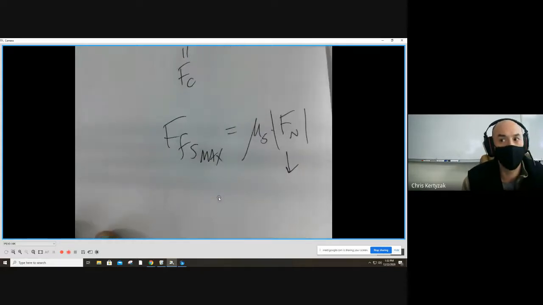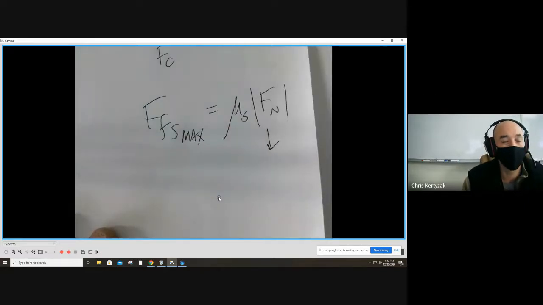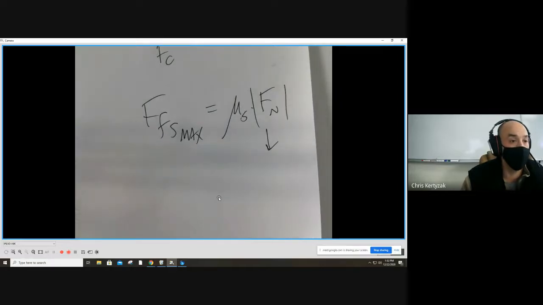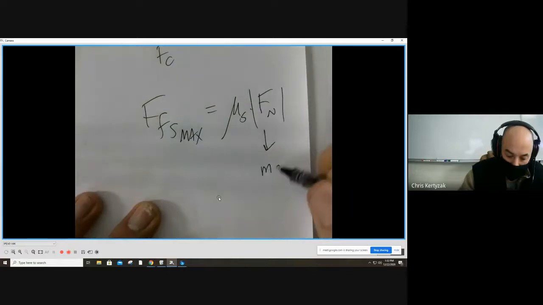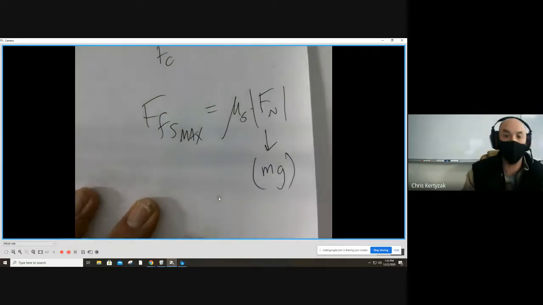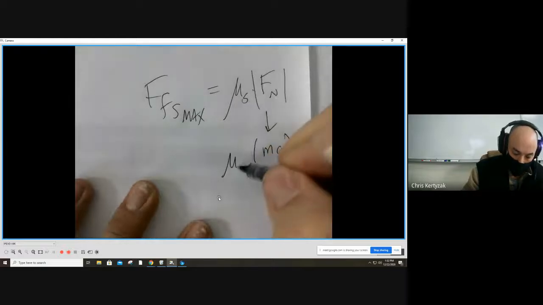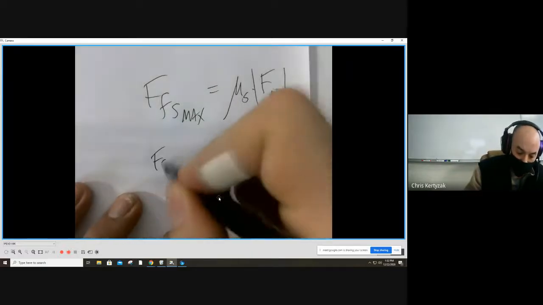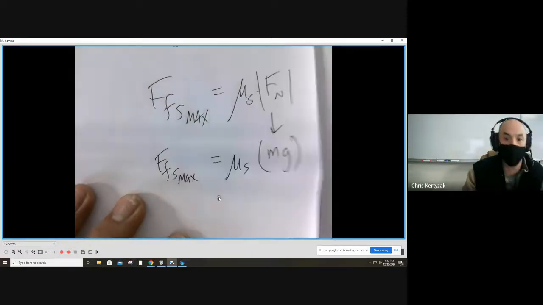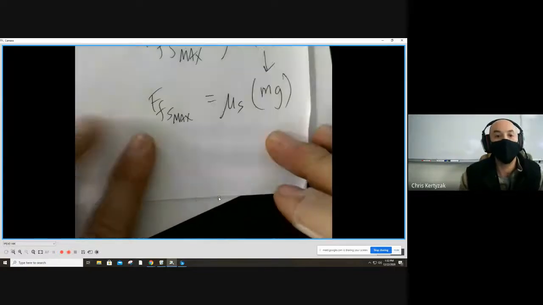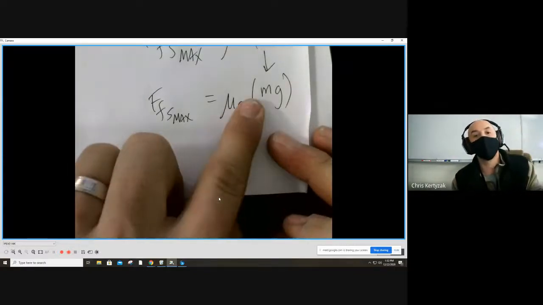What's the normal force? Well, it's still getting pulled down with mg, so the road has to push up with mg, right? As long as the object's not moving up or down, the normal force is mg. So in this lab, I'm recommending you write this down, it will be totally helpful: the maximum static friction force is mu_s times m times g.